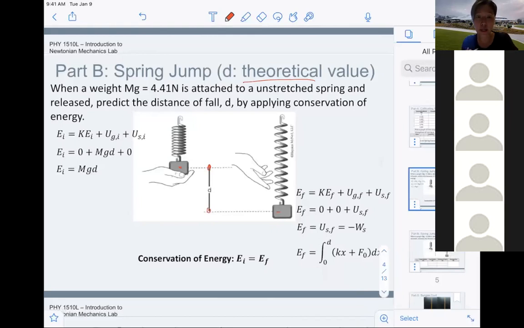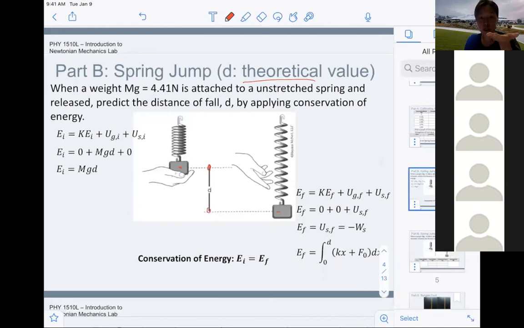Okay, so let's take a look at how to calculate D theoretically. We use a conservation of energy approach to calculate our distance D. The initial energy of your system is simply here. Right now, you're holding and lifting the mass, which means your spring is not stretched. The spring is simply hanging, which is relaxed.